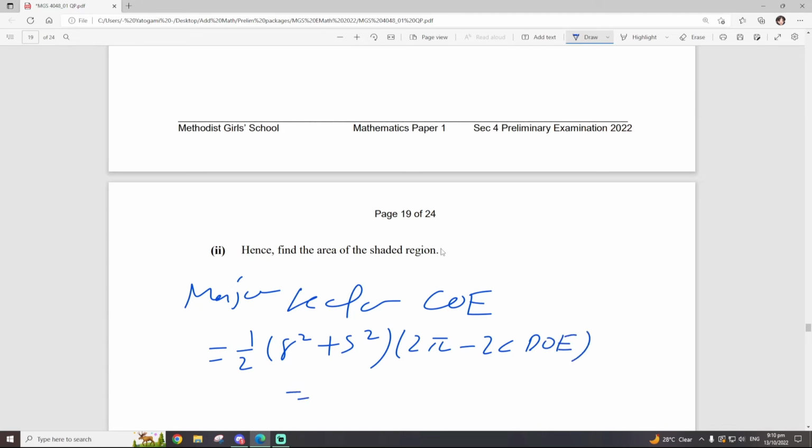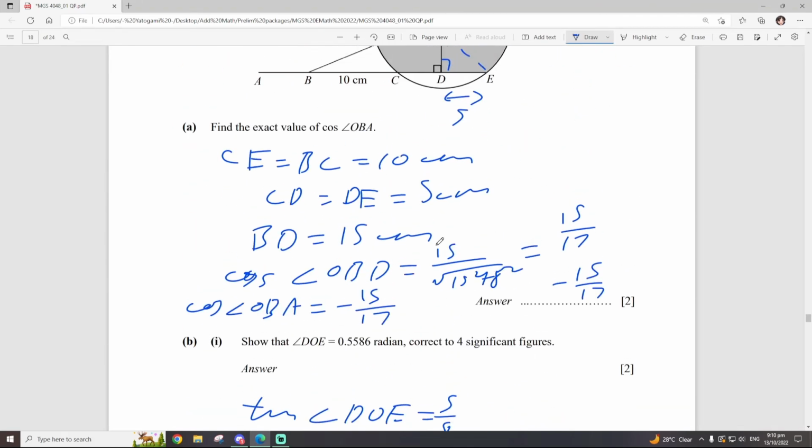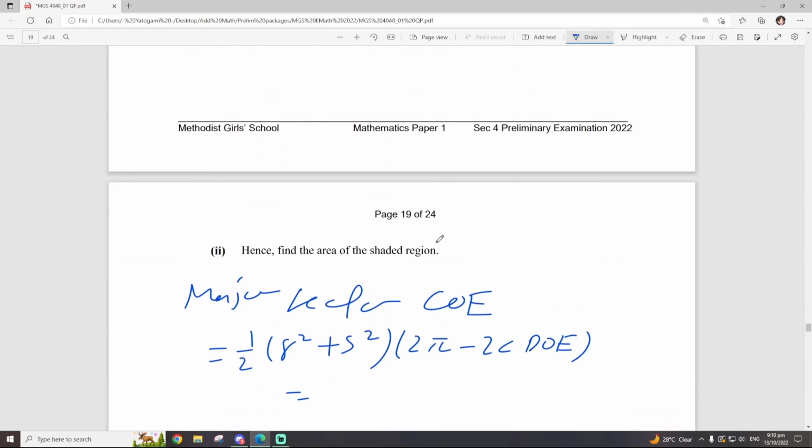And then you can work out what this is. This is 229.89 5SF.